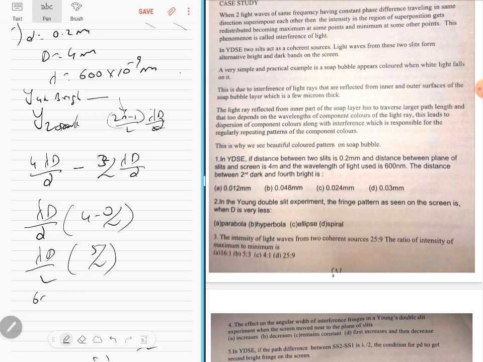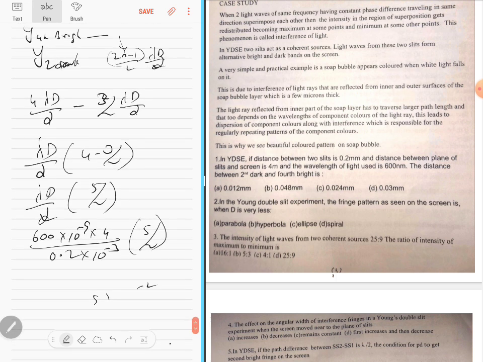Lambda itself is 600 into 10 to the power minus 9, capital D is 4, small d is 0.2 into 10 to the power minus 3, and 5 by 2 is also there. I'm trying to make it 6000 so that I can make it as 2.